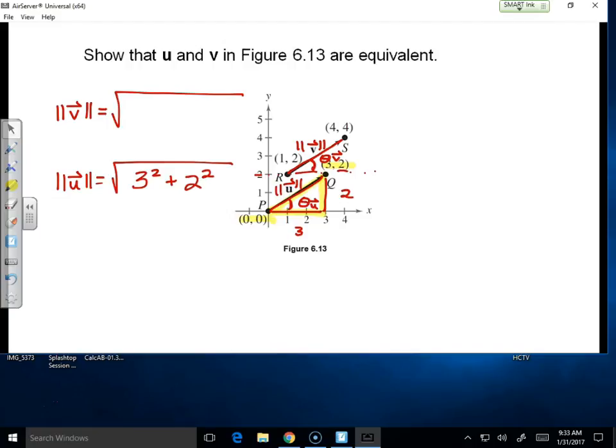Remember, the distance formula is just the Pythagorean theorem. That was from first semester, week 1. Subtract the x's, you get the horizontal. Subtract the y's, you get the vertical. Square root. And what's the magnitude of u, guys? Root 13. Good.